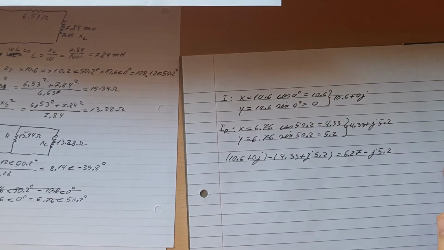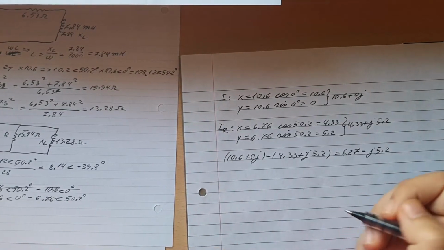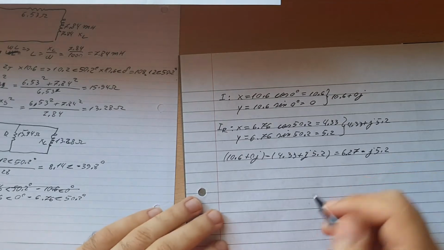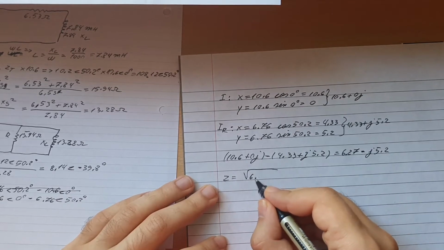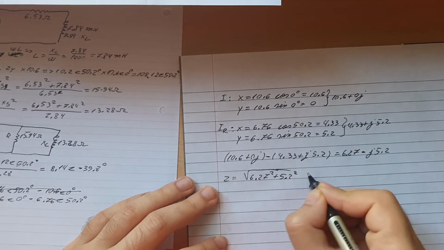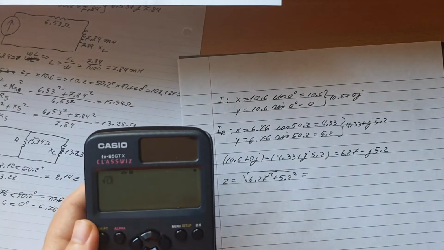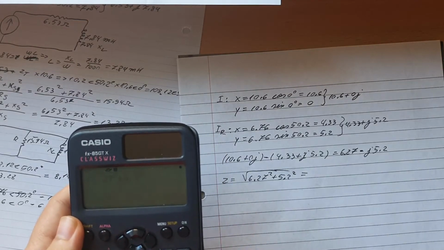Alright, so next step will be to convert this one into polar form. So then Z will be equal with the square root of 6.27 squared plus 5.2 squared.